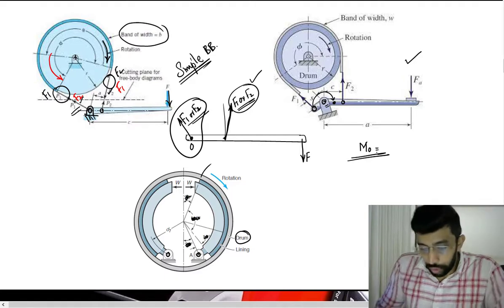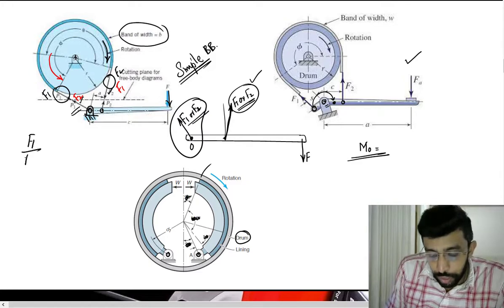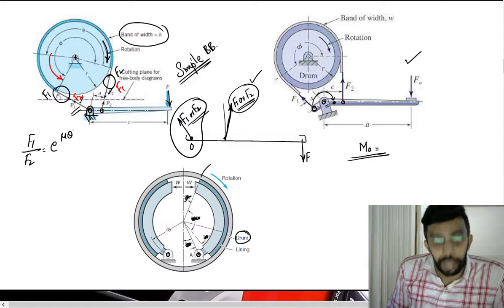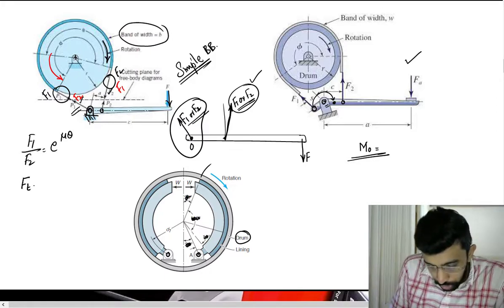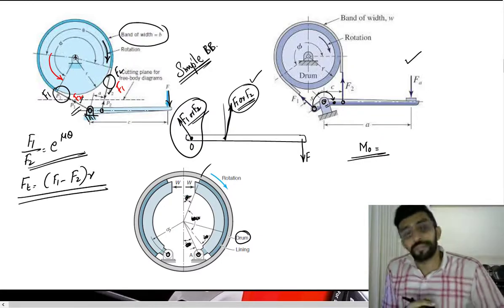Now, since it's a tension value, we have got two equations. F1 by F2 is equal to e to the power of mu theta, and we know that the tangential force Ft is nothing but (F1 minus F2) into R. These are the very simple equations that we can use.